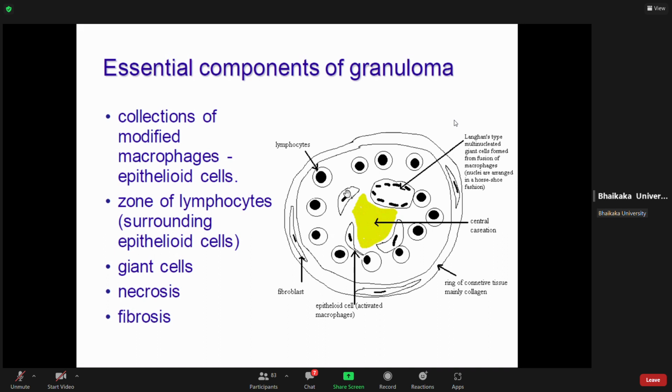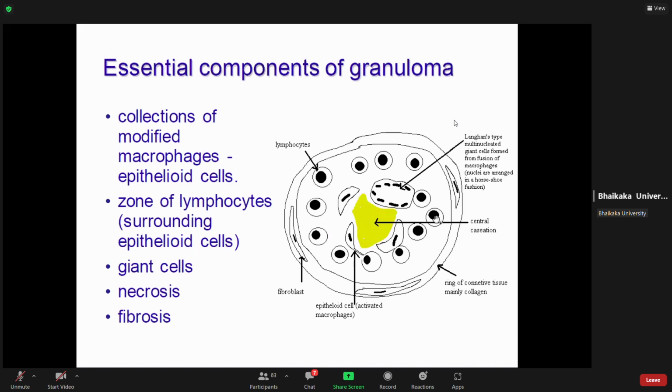As you can see here, epithelioid cells are activated macrophages, slightly elongated in shape, and they have a slipper-shaped nucleus. The other cells surrounding the epithelioid cells are lymphocytes, which are shown as round cells here in the diagram.